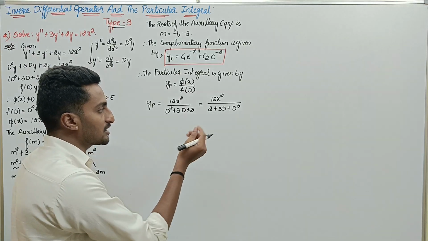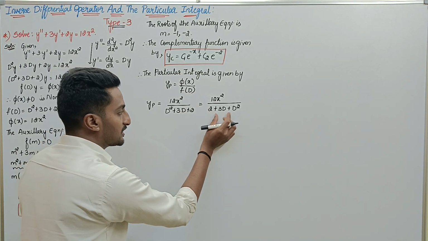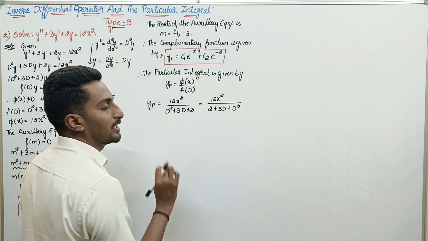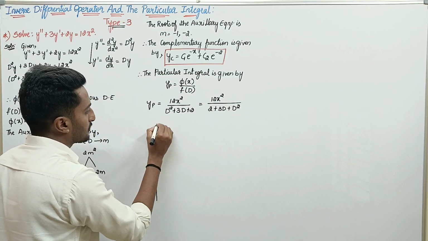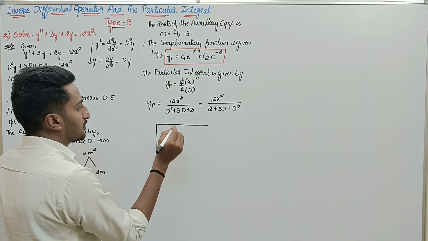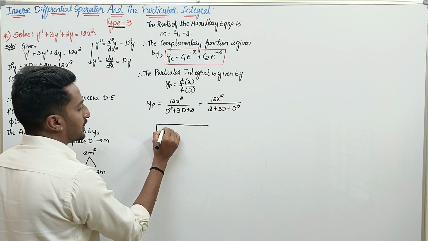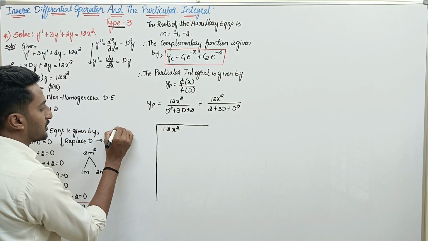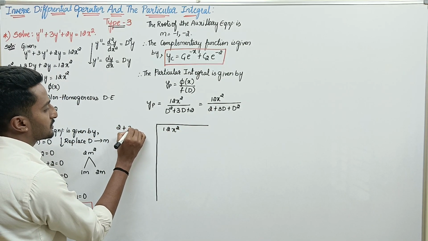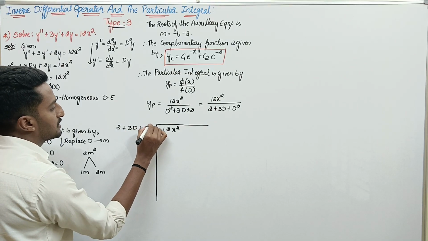Both are the same as d square plus 3d plus 2; we have just rearranged. Considering this, I need to simplify 12x square.